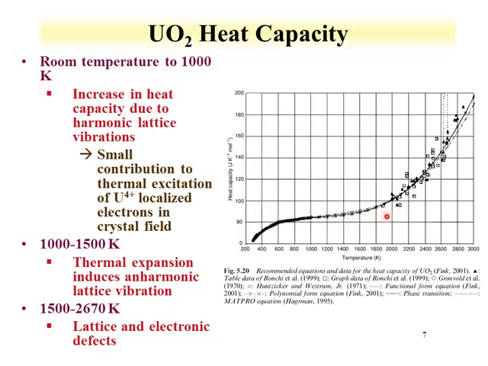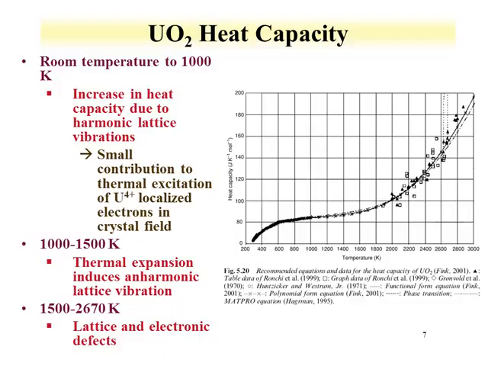Above 1,000 degrees to about 1,500 degrees, right about here, we start to introduce anharmonic lattice vibrations. So this is a very simple lattice. This is anharmonic. So this is changing the system. We see a slight change in the behavior, the increase of heat capacity. And then above 1,500 K, we start to introduce defects, and we see a very, very large increase in heat capacity at high temperatures.